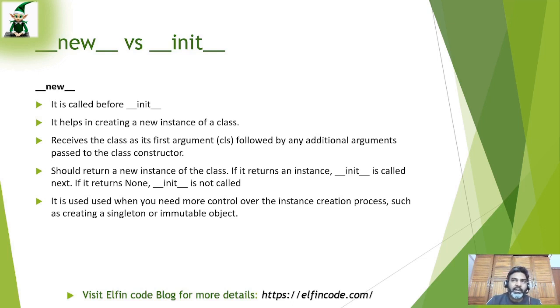For example, let's suppose you consider the singleton pattern, where we say that if there's already an instance available for this class, we should not allow creating a further instance of that class. In that case, you can put that logic inside the new method before you create a new instance of the class. Okay, so these are the five points which go with the new method.